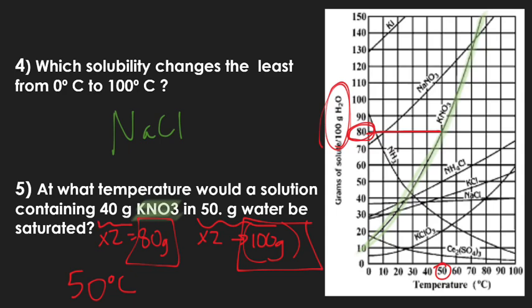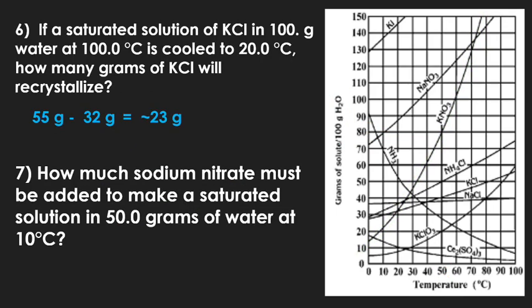So just a couple more types of problems here that we need to practice. In number 6, this seems a little bit more complicated, but it really is a simple two-step problem if we understand what's going on with this solution. This says we have a saturated solution of KCl in 100 grams of water. So good, our 100 grams of water is the same. Let's find our KCl line.